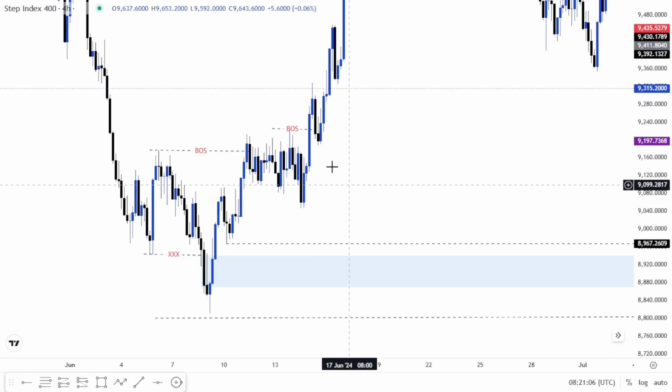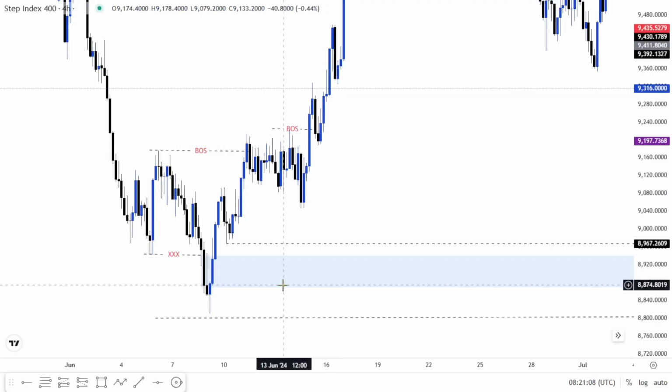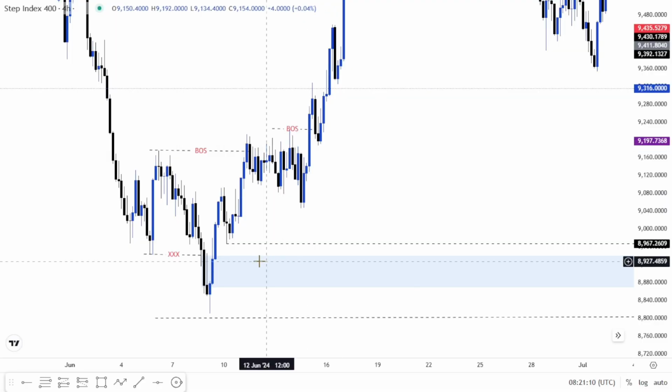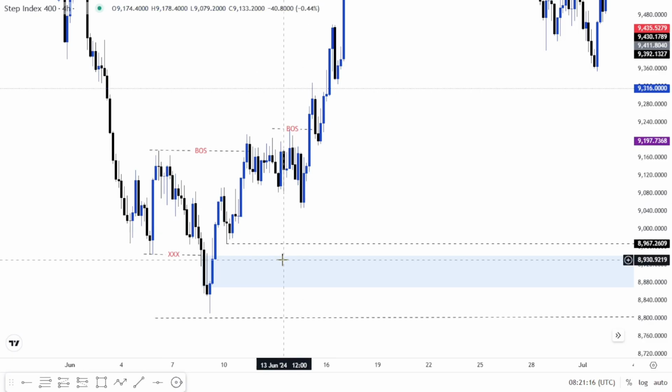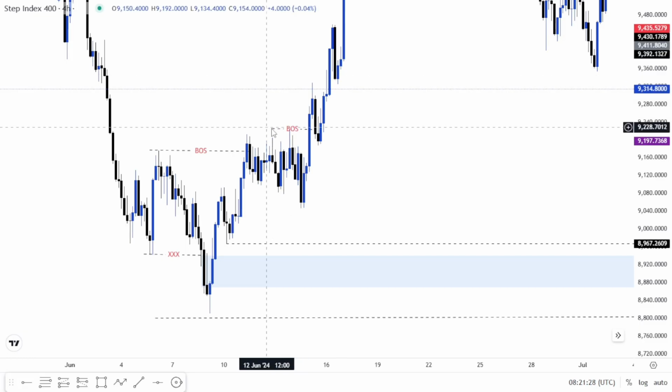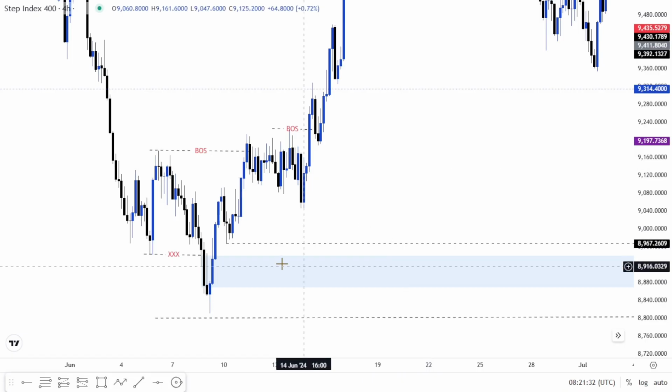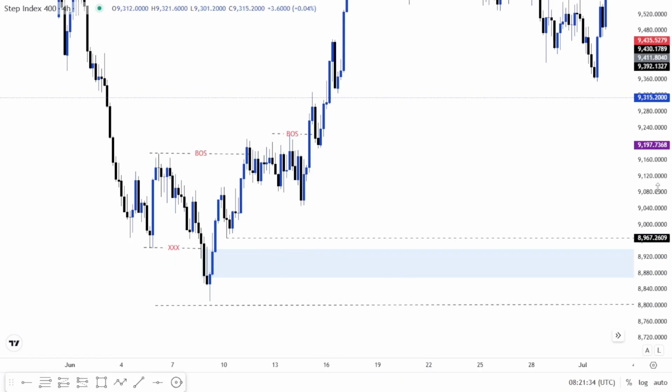For the A plus model to be valid, there must be a sweep of liquidity, there must be a break of structure, and then there must be a pullback to provide structural liquidity. This structural liquidity is there so that whenever the market comes back, it has liquidity to take the push forward to the upside. And lastly, there must be a second break of structure, and then the structural liquidity must be swept.